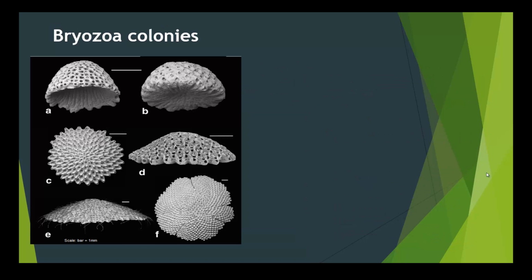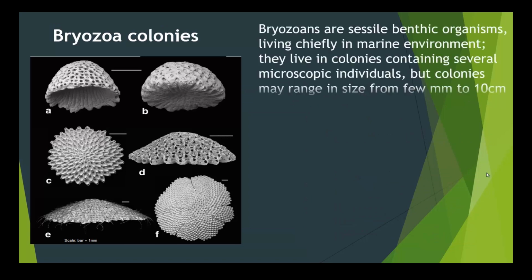Bryozoan colonies are another kind of calcareous microfossils that we might observe. The bryozoans are sessile benthic organisms chiefly living in marine environments. They live in colonies containing several microscopic individuals, but colonies may range in size from a few millimeters to 10 centimeters in diameter.